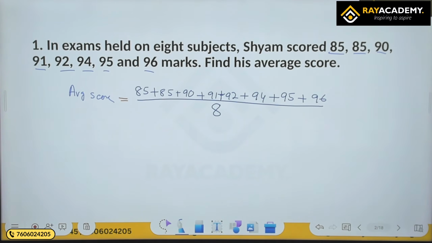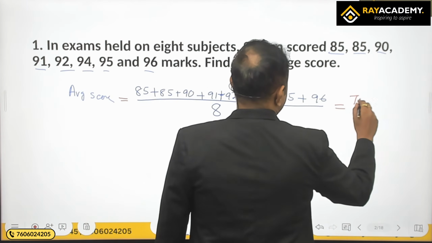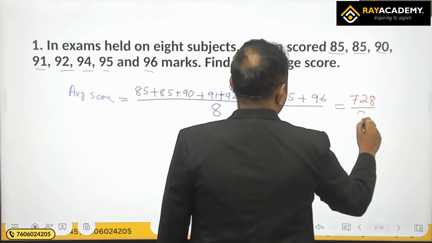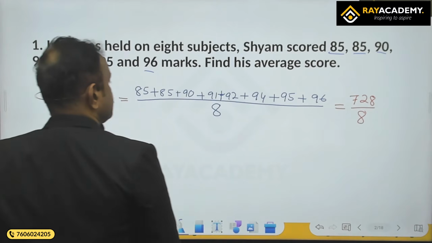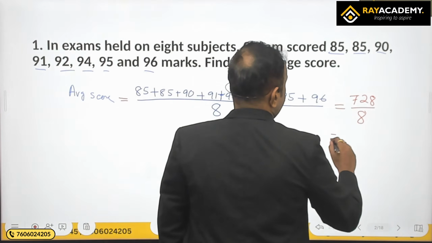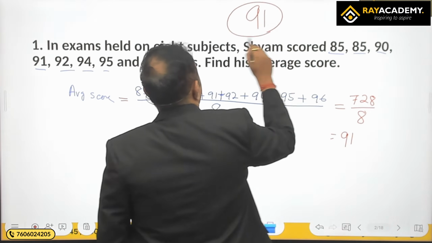So as such around 728. You are getting 728, and 728 divided by 8, what is the value? That you will get 91. So our answer is 91 for this question.